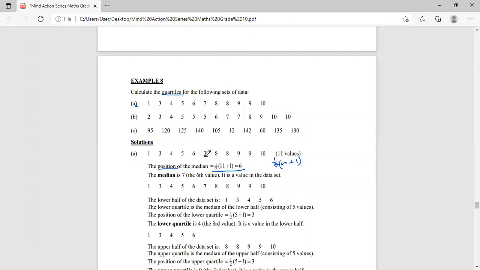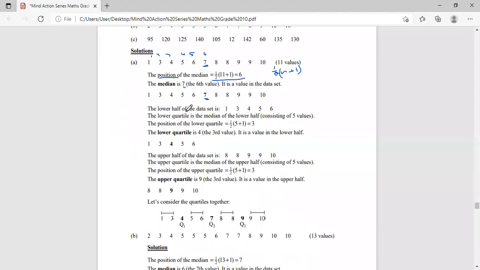The sixth position, that value is 7. That is why they got 7 here. The median is the sixth value, 7. It is the value in the data set. So that is our median.